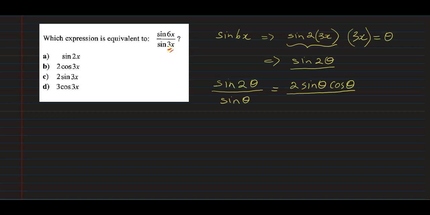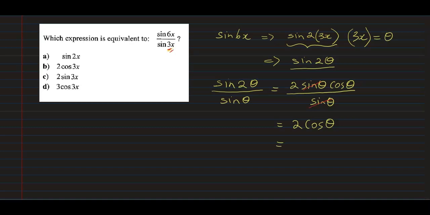All right. And we're going to rewrite that, and then we're going to rewrite the denominator sine of theta. Now, once you get to this part, then you can divide. Sine of theta divided by sine of theta, that's 1. So your final answer, based on what we have, will be 2 cos of theta.